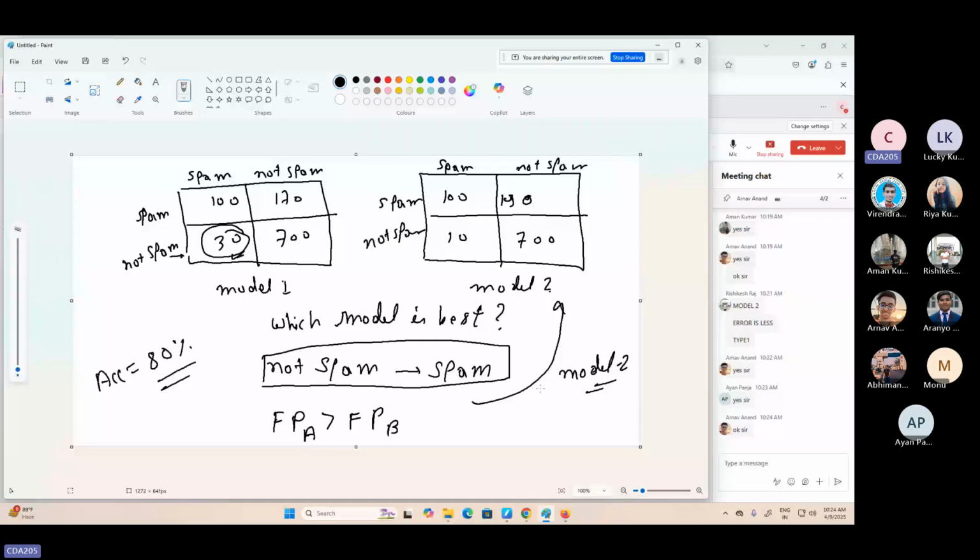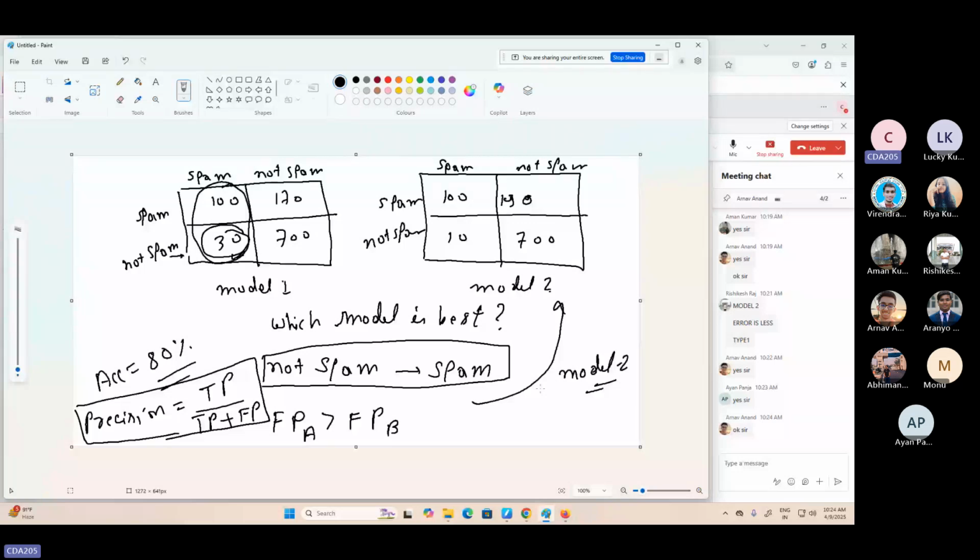Okay. So what is the formula for the precision? Can anyone tell? हमें केवल यही देखना है, यही दो चीज प्रिफर करना है। So it is TP by TP plus FP. याद रखना। Understood?